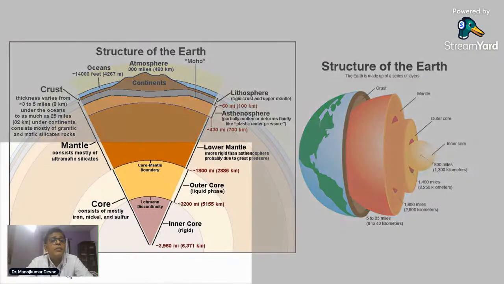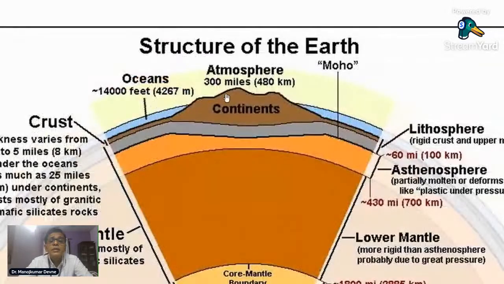Then, coming to the structure of the Earth, let us start from here. The atmosphere, which is 480 kilometers thick. This is the thickness of the atmosphere. Now, it's very interesting to note that when we speak about the atmosphere, different people will give you different thicknesses of the atmosphere. It's not a thumb rule that it's 480 kilometers as such.